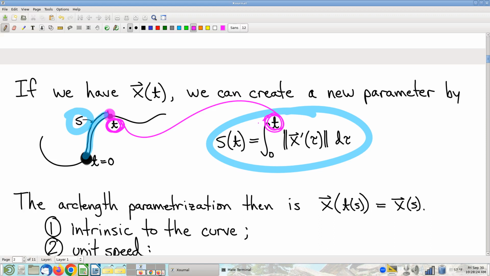But now as I add up, as I move along between 0 and t, what am I going to call the thing that takes on all of those values? Well, I can't call it t, because t is already fixed. It's the endpoint, fixed for the purposes of this calculation. So this tau is what we call a dummy variable.